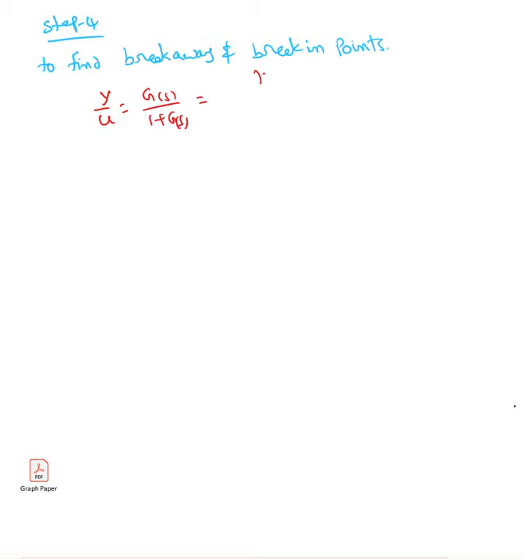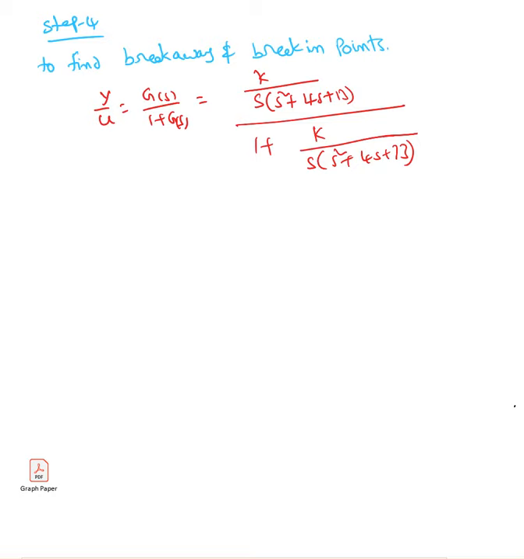So we have k over s times (s square plus 4s plus 13) by 1 plus k over s times (s square plus 4s plus 13). If I simplify this, we'll end up with k over s times (s square plus 4s plus 13) plus k. This is the whole system, y by u equal to k over s times (s square plus 4s plus 13) plus k.